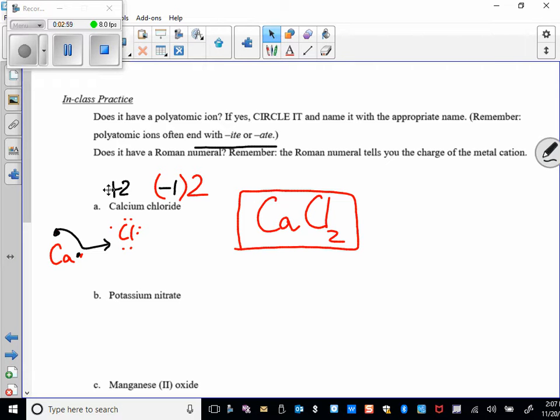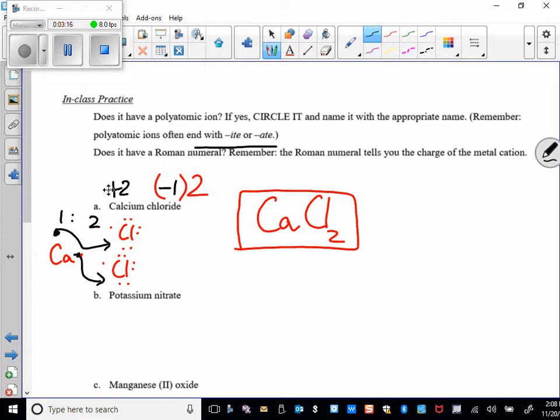But if I make it react with another chlorine, will it be able to give both its valence electrons and have 8 in the outer circle? And now what is the ratio in which they combine? 1 calcium combines with 2 chlorine atoms to make the compound calcium chloride. The ratio is always fixed. It doesn't change. Are we good?